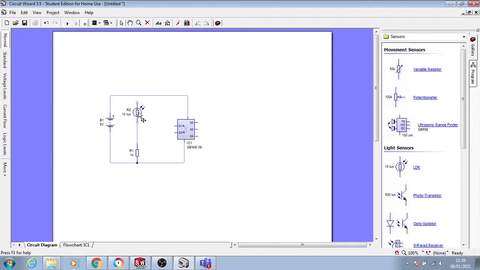You can tune this to get the right voltage to switch this on. But obviously if this is at the top, when it gets bright, the resistance lowers, so when it gets bright, this voltage is higher. Whereas if it's at the bottom and the fixed resistor or the calibration resistor is the other way around, when it is dark, this voltage gets higher. Okay, so depending on which way round you do it.